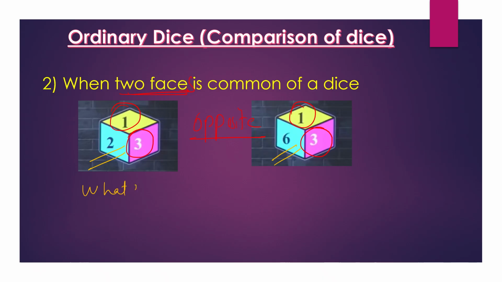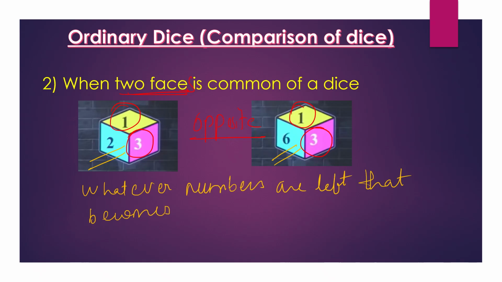Whatever numbers are left, that becomes the opposite pairs. So what is left here after finding out the common faces in a dice? 2 and 6 are left. So 2 opposite will be 6. 6 opposite will be 2. So they become the opposite pairs.